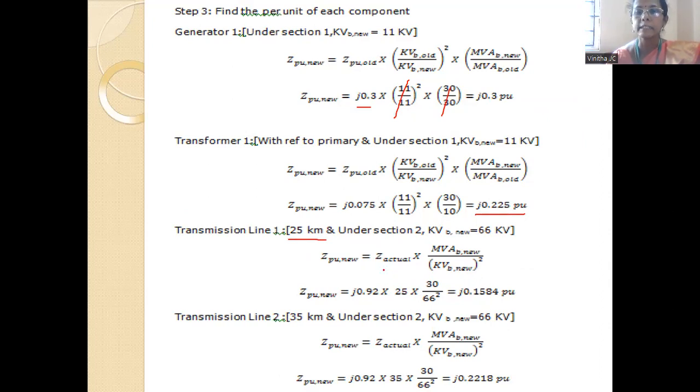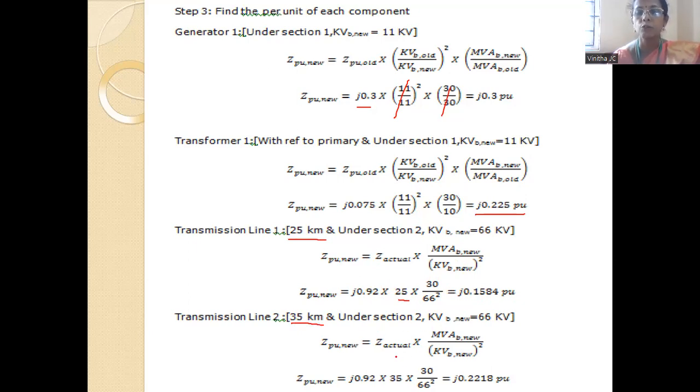So apply Z actual is j0.92, KVB new is 66, and MVAB new, which comes in the denominator, is 30. Here the distance is given, so we have to multiply the entire value by 25 kilometers, so we will be getting the answer j0.158484 per unit.